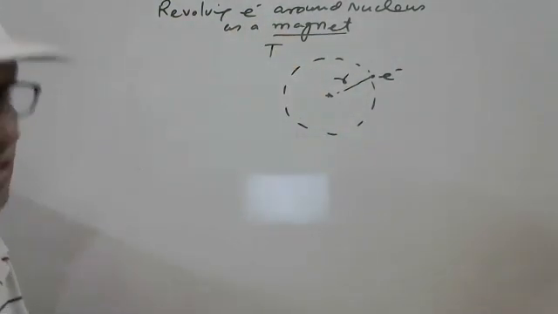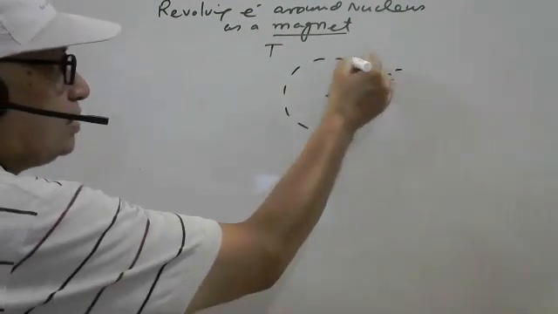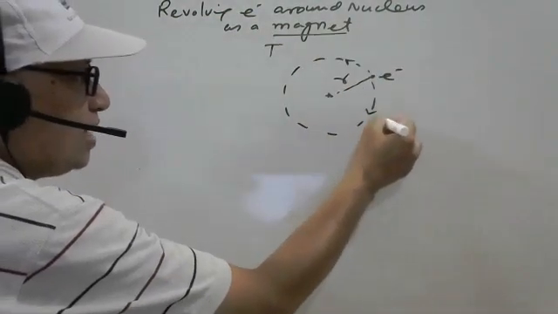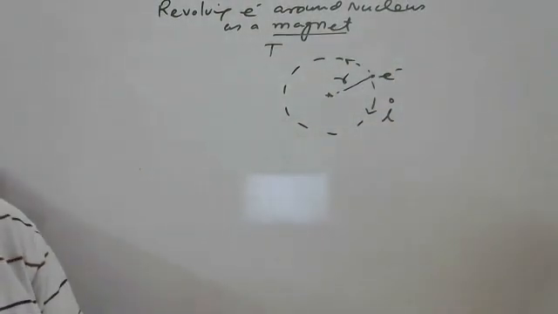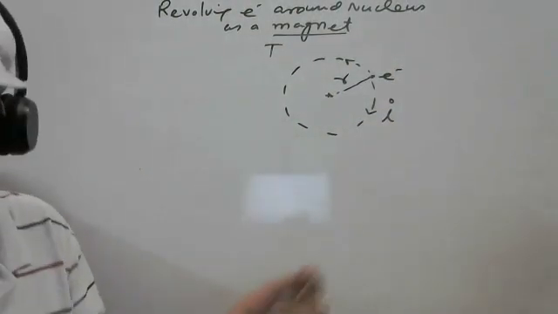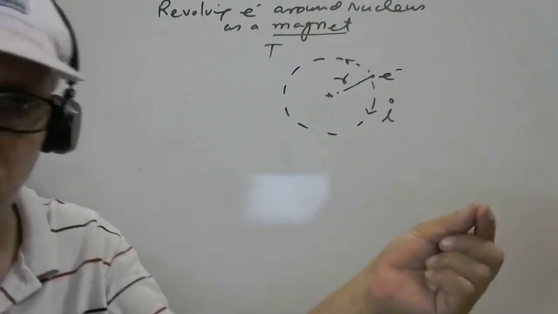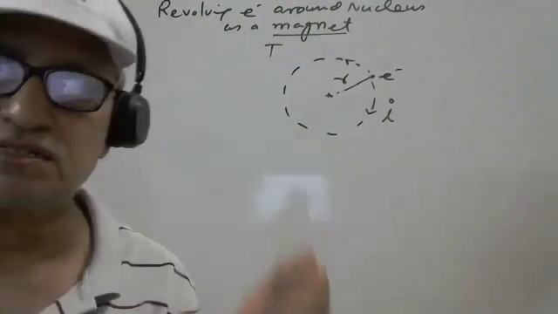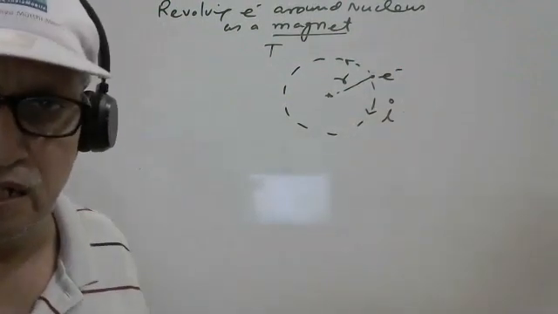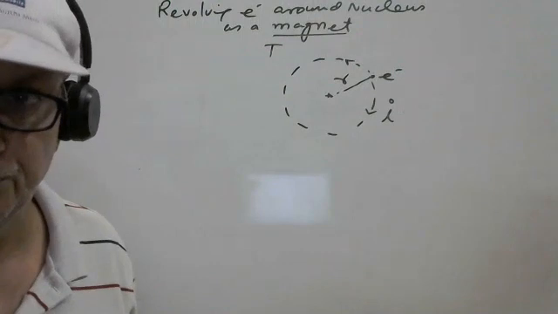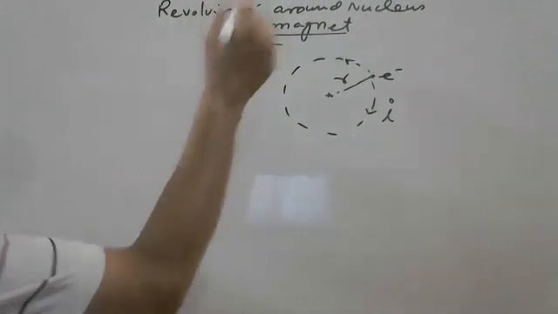So what is the equivalent current? Suppose this electron is moving like this; we get the current in the opposite direction, because as per the sign convention, if a positive charge is moving, it is the same direction as the current. If a negative charge like an electron is moving, the current is in the opposite direction. So what is the current?